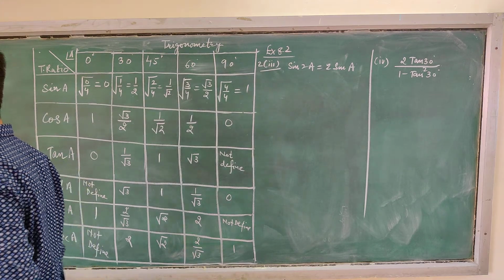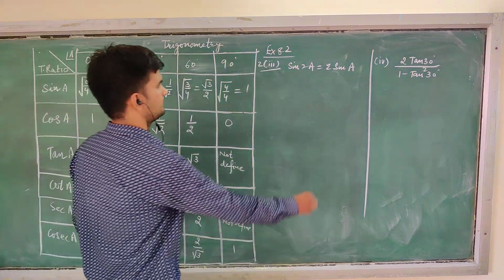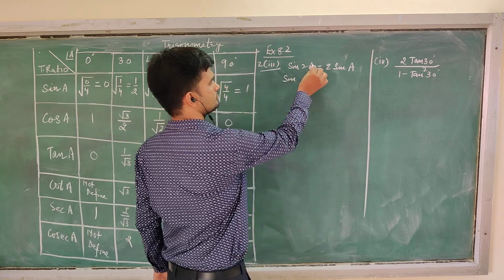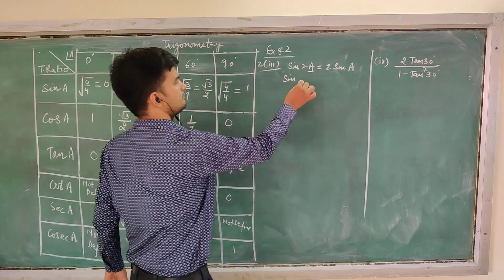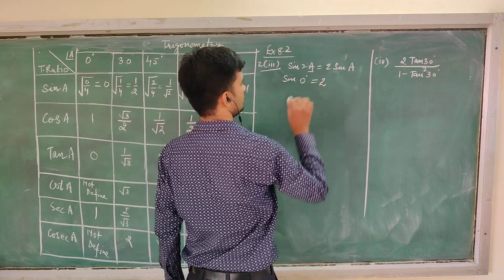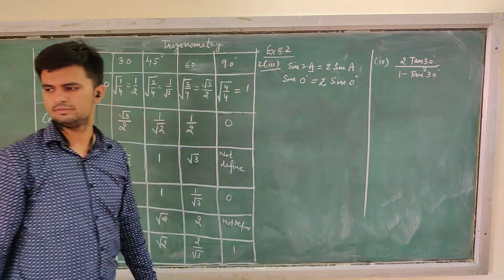Now come to the third part. Sin 2a is equal to 2 sin a when a is equal to: a, b, c, d. 4 options are given, so we will start by taking the first option, which is 0 degree. I am putting the value of a equal to 0. So 2 into 0 will become sin 0 degree, and here 2 sin 0 degrees.